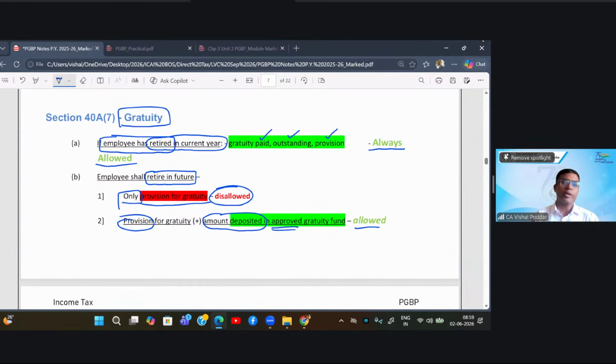It is invested somewhere, which we call the approved gratuity fund. So if you are also creating a gratuity fund, then it will be allowed as deduction. But merely creating provision for gratuity, it will not be allowed. I hope this condition is understood by you. Yes, students, is this point understood?